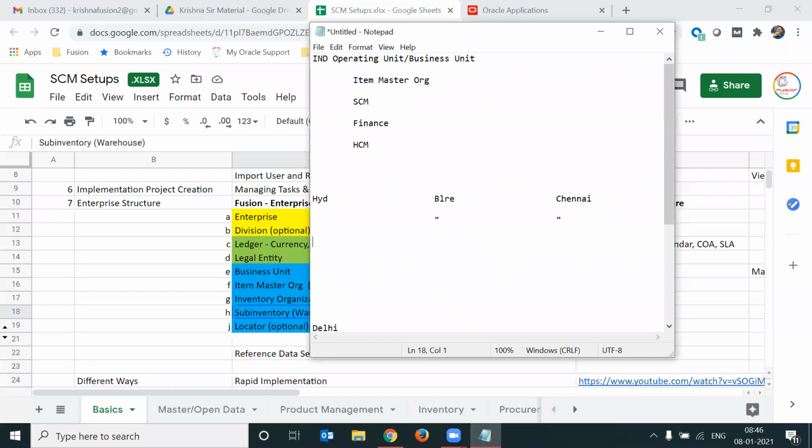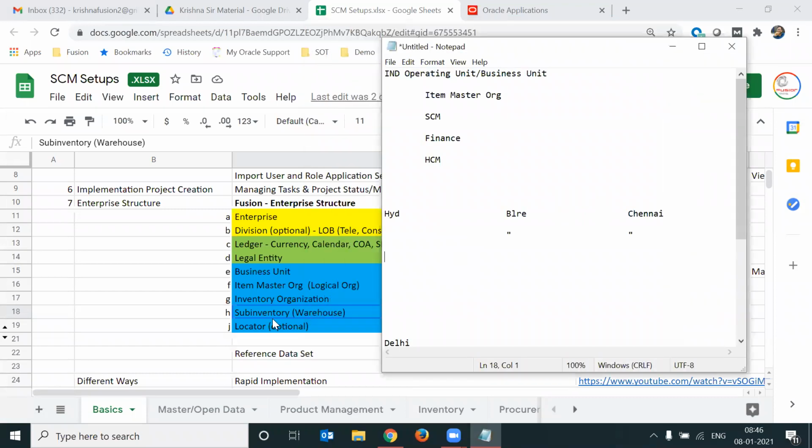In Hyderabad, I have sub inventories. Sub inventory is an application terminology, and warehouse is a business terminology. I have one warehouse in Uppal, one warehouse in BHL, and one more in ACIL.